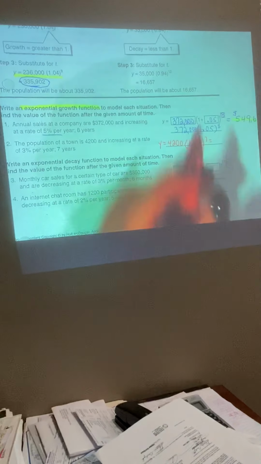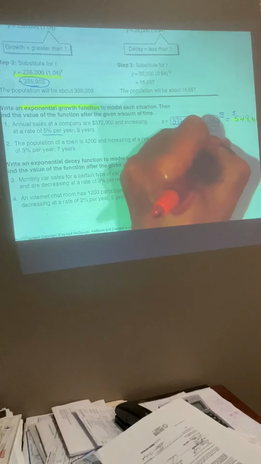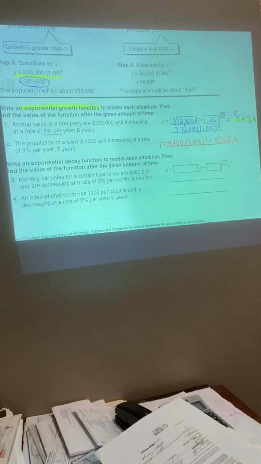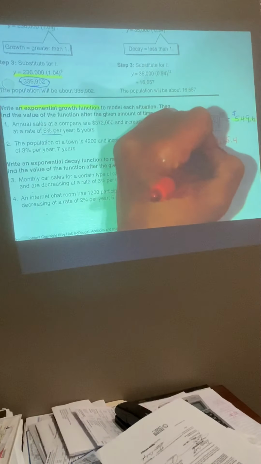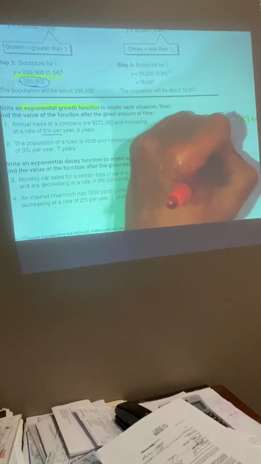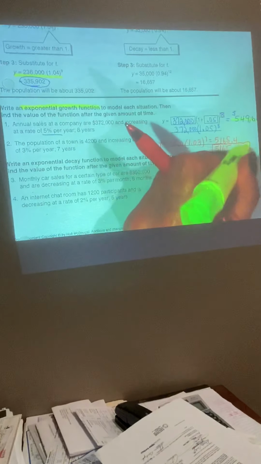Okay, and when we do it on the calculator, we get 5165.4. But we're talking about population, we're talking about people, it's the nearest whole number, so therefore it's 5165. That is your final answer. Gotta know what you're talking about, guys.